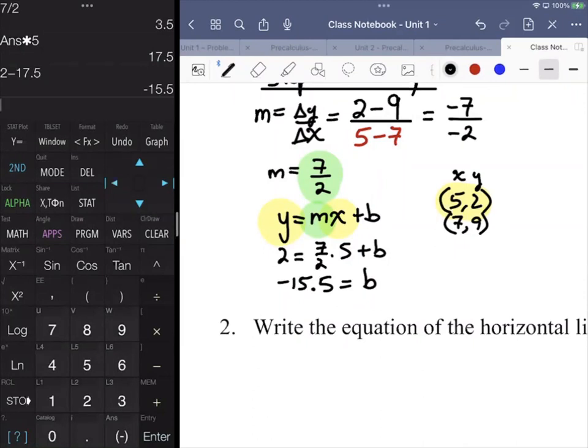You're going to write 1/3. You know, so using a calculator that'll handle the fractions for you is a good thing. All right. But anyway, I have my b value here. So I now know my equation is y equals 7/2 x minus 15.5, or you could say minus 31/2.